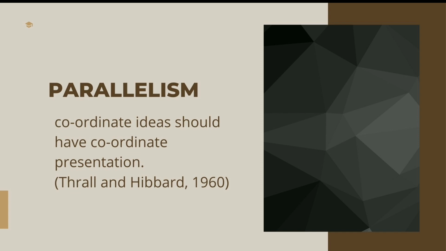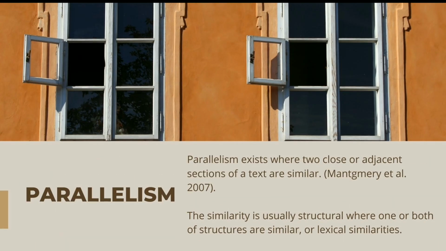So if one element is cast in a relative clause, the other should be expressed in relative clauses as well. On the contrary, the principle of parallelism demands that unequal elements should be expressed in similar constructions. So it mainly focuses on similarities, resemblance, not really on the repetition, because it talks about the equal importances or counterpart of the sentence structure and form.